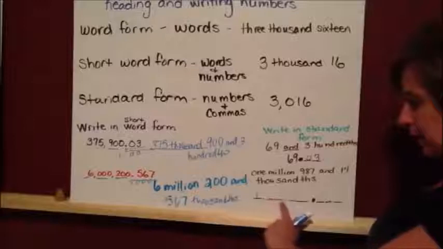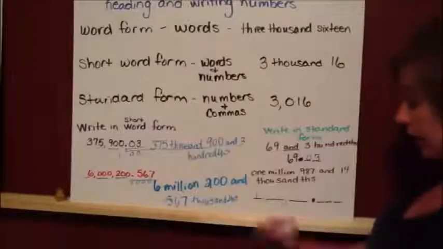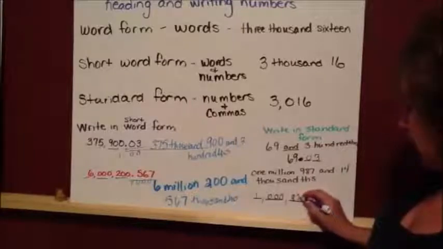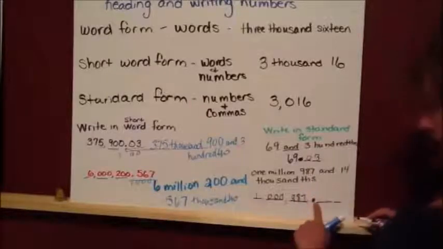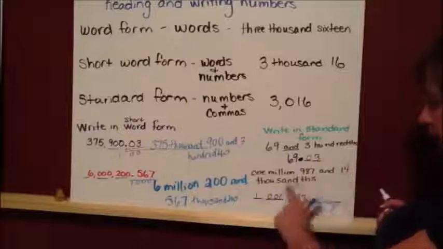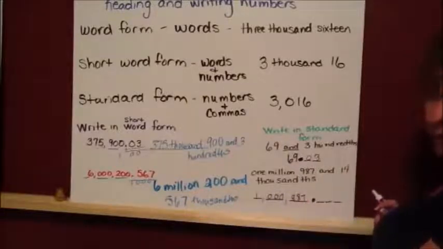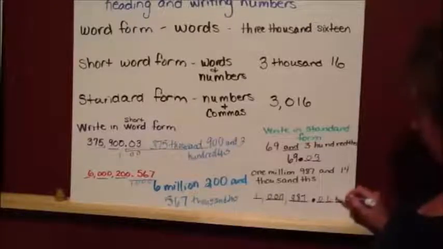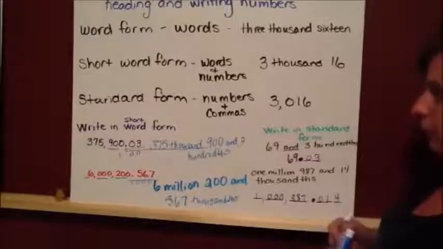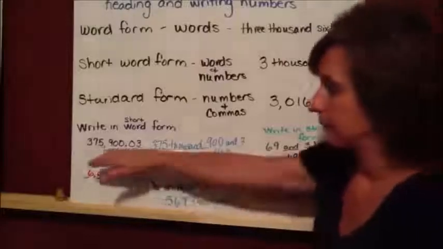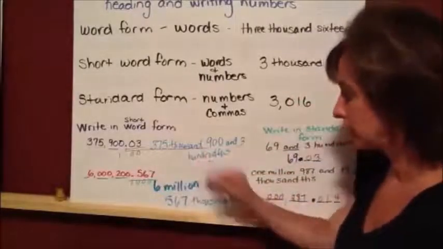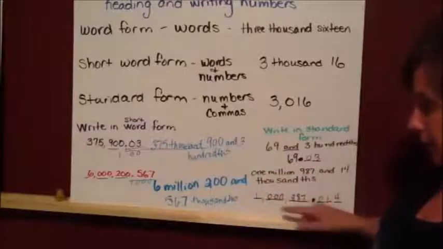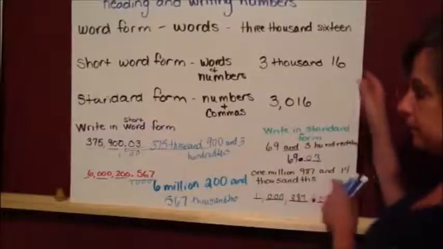It doesn't say anything about the thousand period, so I would fill that in with 3 zeros. 987 and 14 thousandths. How do I make a 14 with 3 blanks? 0, 1, 4. So, word form, identify your periods and know what words to write. Standard form, use the words to help you identify the periods of blanks to fill in.